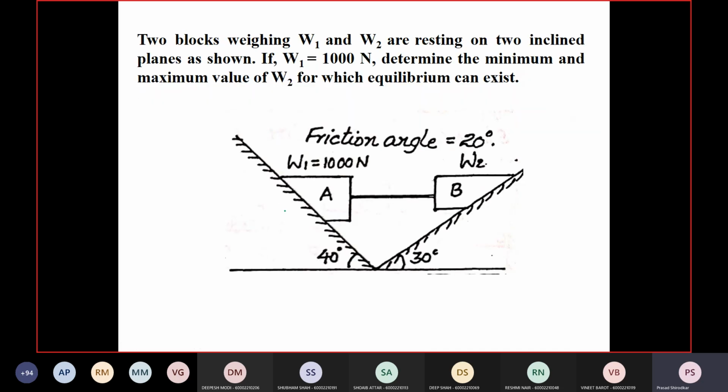Alright. Next question. Two blocks W1 and W2 are resting on two inclined planes as shown in figure. W1 is 1000 newtons. Determine the maximum value of W2 for which equilibrium can exist.